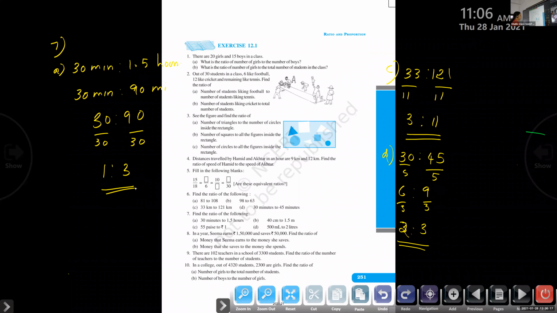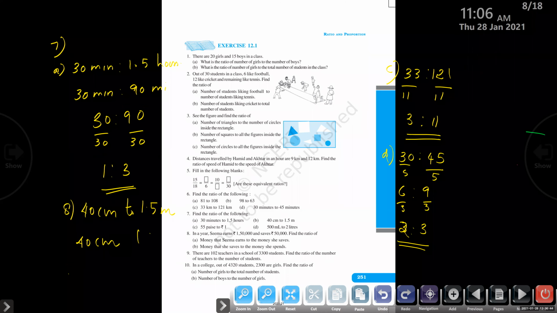Okay, children. Next, B: 40 centimeter to 1.5 meter. So, 1.5 meter convert into centimeter. 150 centimeters.